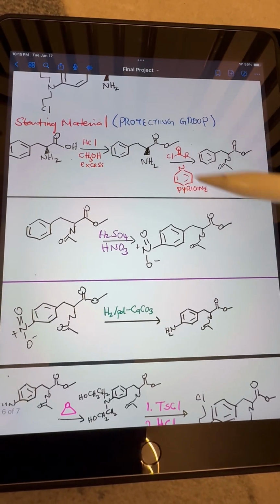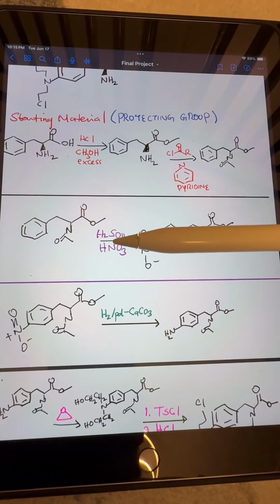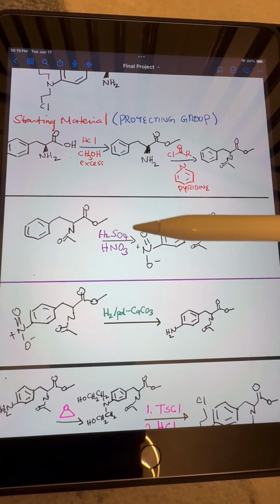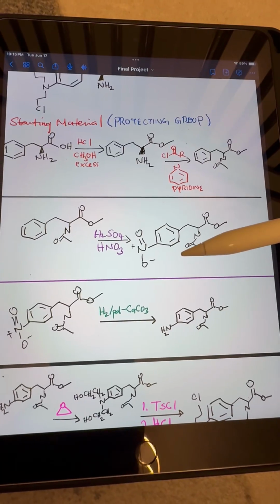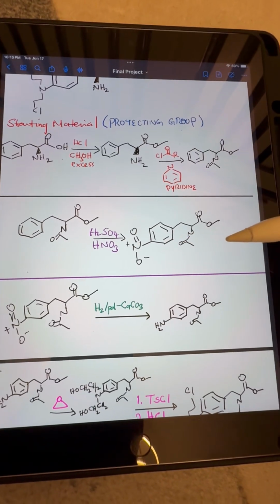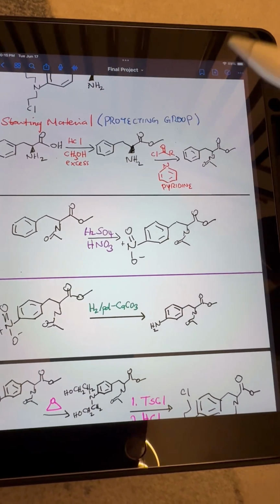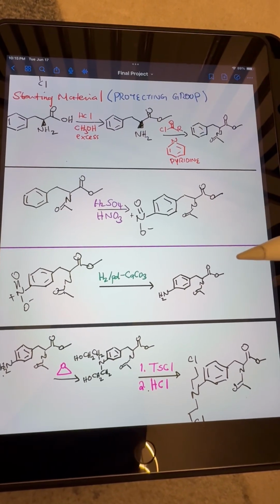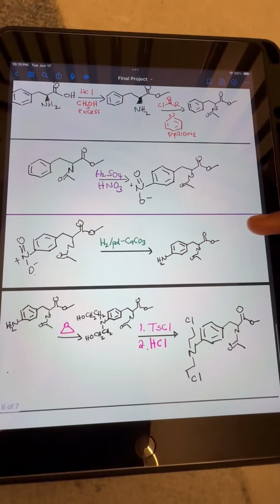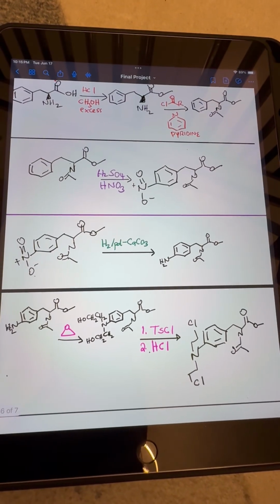So what I did is I went ahead and used H2SO4 and HNO3 to get the NO2 group. That way I'm able to hydrogenate and then continue to synthesize my molecule from there.